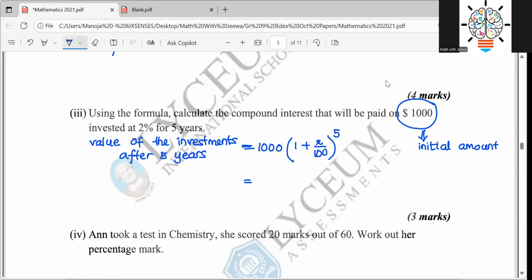Then I simplify this: 1,000 multiplied by 1.02, right? First you get 2/100, which means 0.02. For that you add 1, and then you get 1.02 to the power 5.